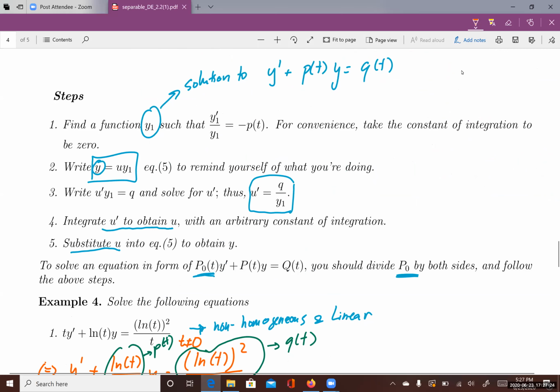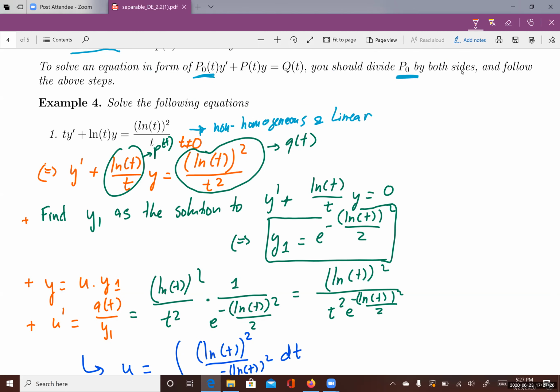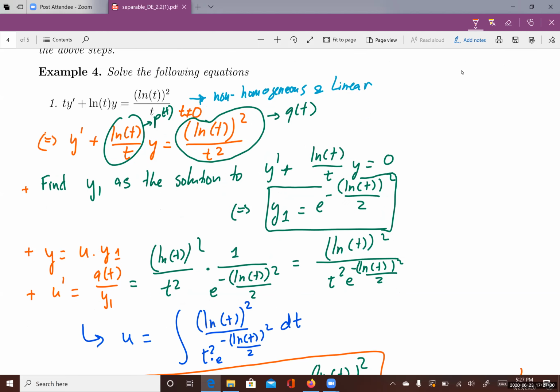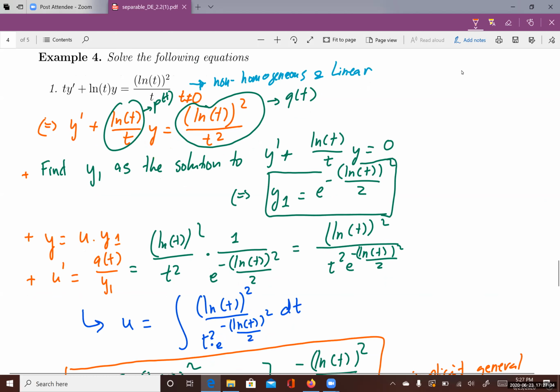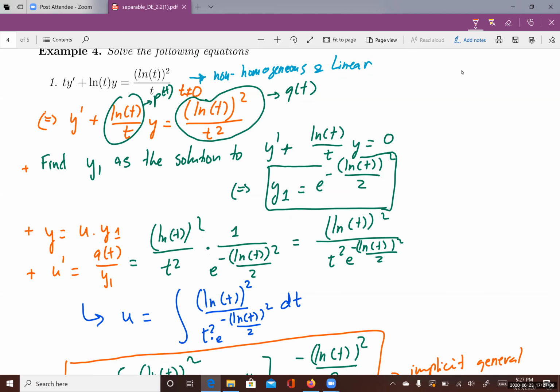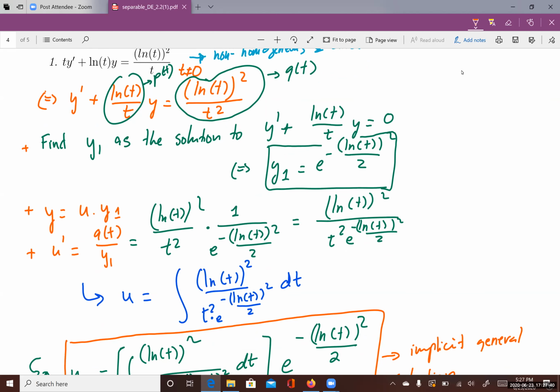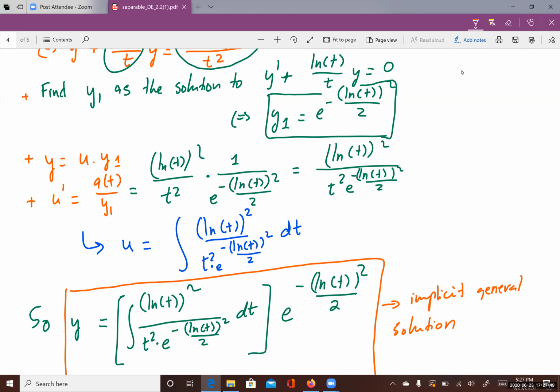And again, in this example, you couldn't find an explicit solution for this differential equation, but it's fine, right? We found y1 explicitly, and we found u in the integral form, and then we can find y by taking u multiplied by y1.